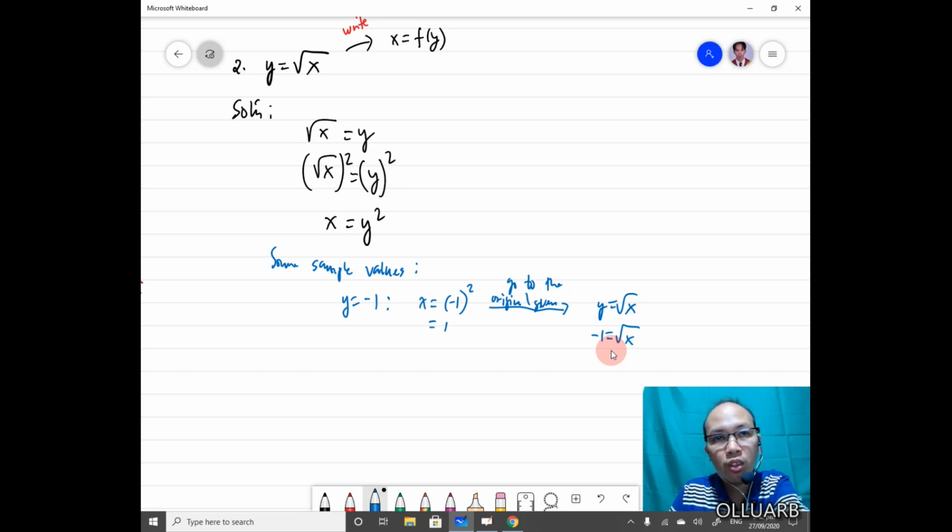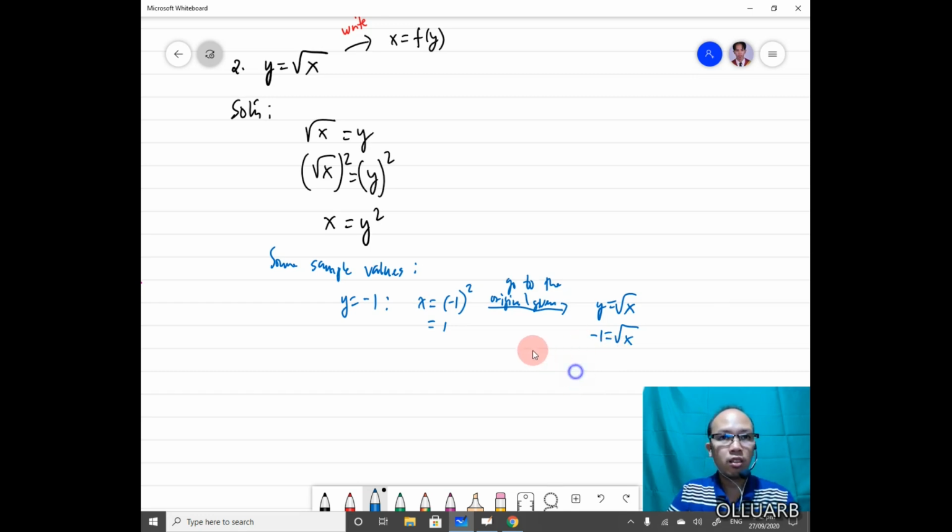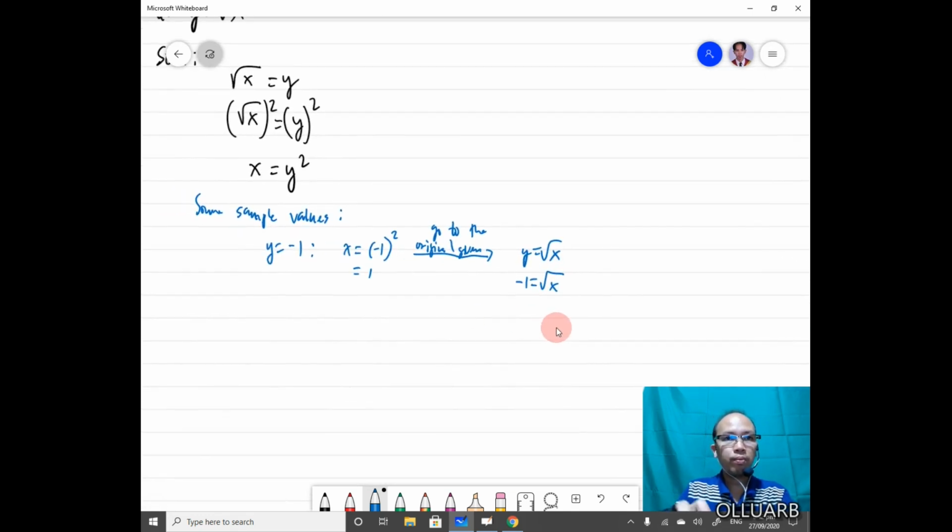From here you will conclude that you cannot find an x that will give -1.